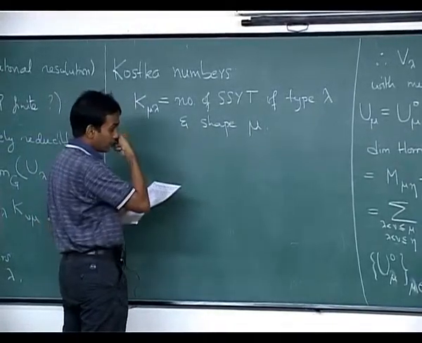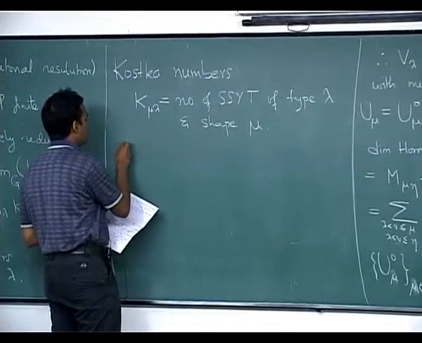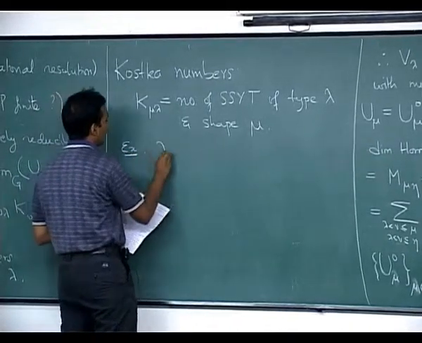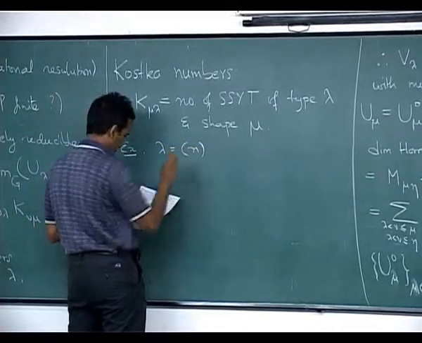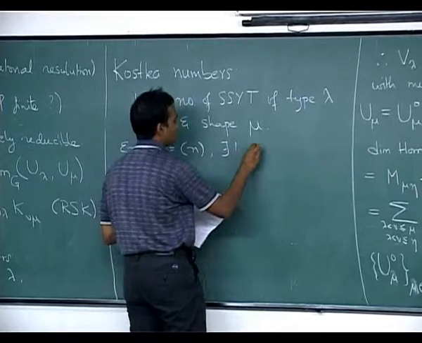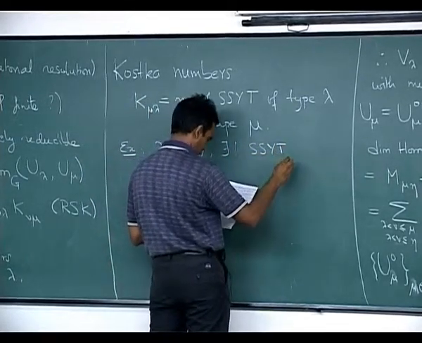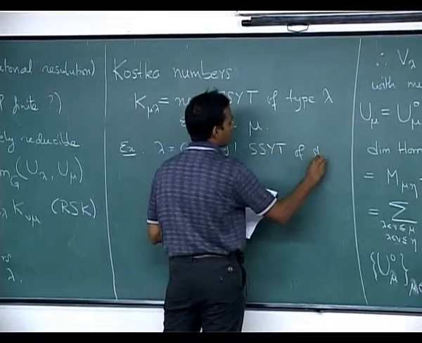We just saw in the case of n equals 3, but in general if lambda has only one part which is n, then there exists a unique semi-standard Young tableau of shape lambda and any given type.